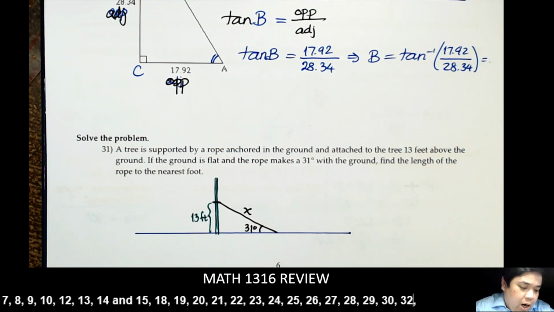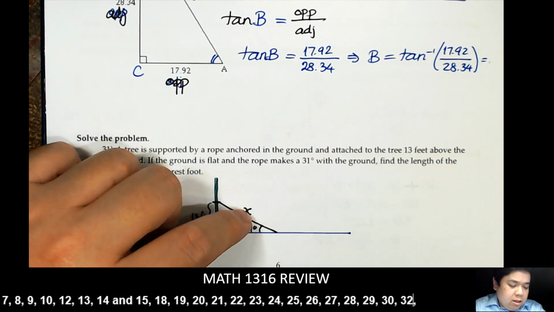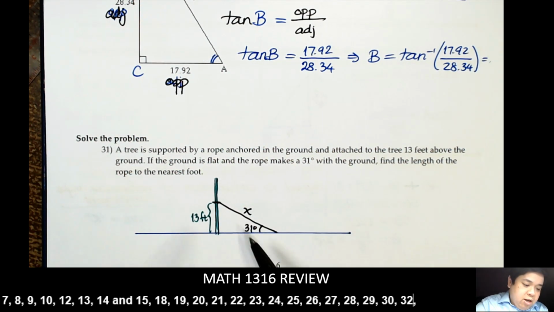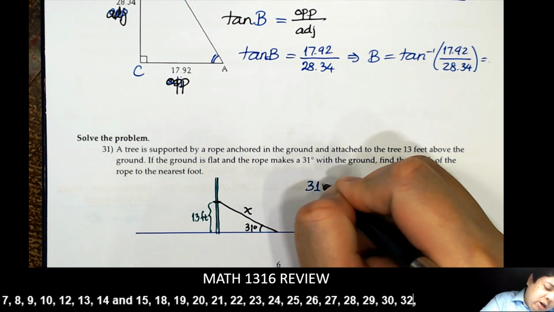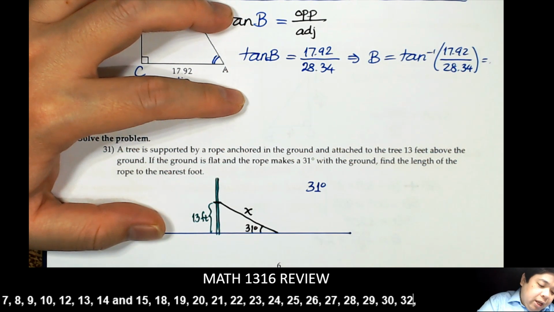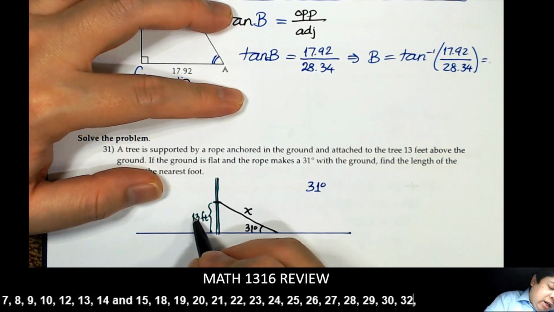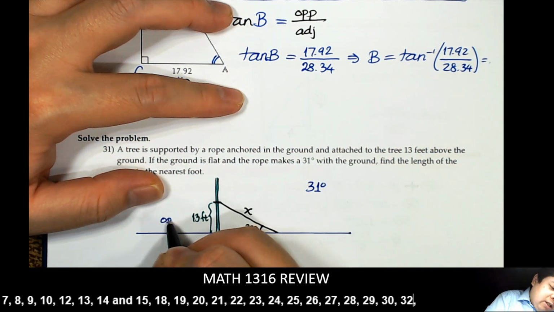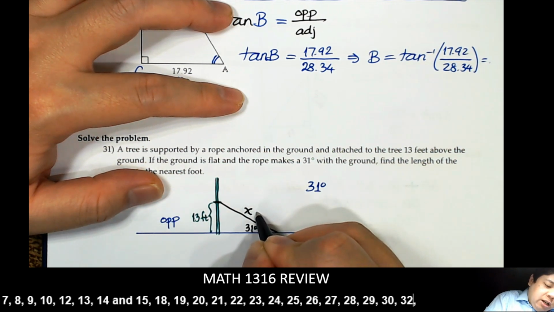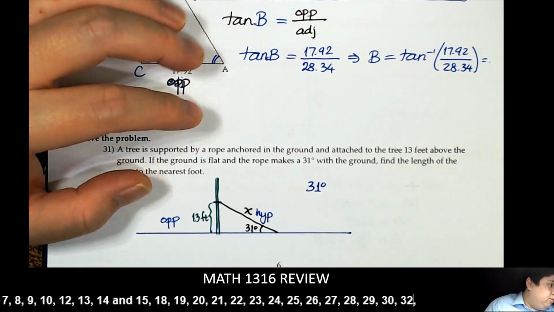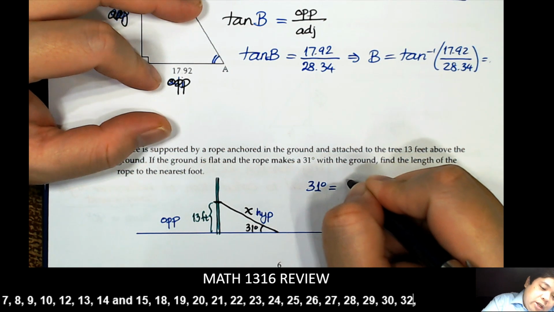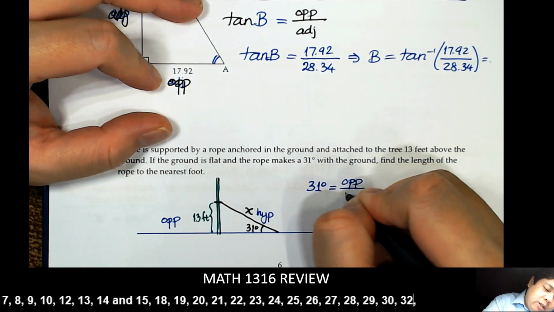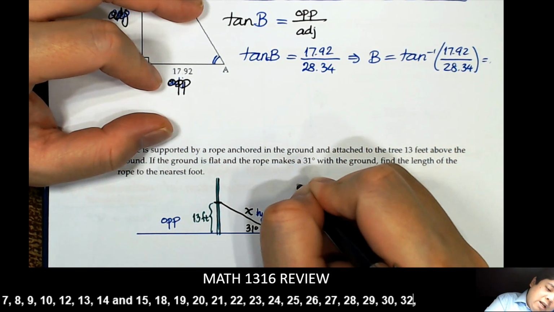Alright, so to find that, we have 31 degrees as the only angle we have. Now with respect to 31 degrees, this is opposite and x is hypotenuse. So if we use opposite over hypotenuse, that is going to be sine.